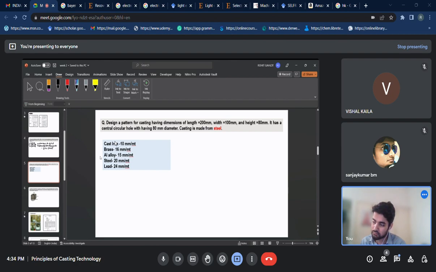For cast iron it is 10 mm per meter, for brass it is 16, for aluminum it is 15, for steel it is 20, and for lead it is 24. So we need to design a pattern for steel.